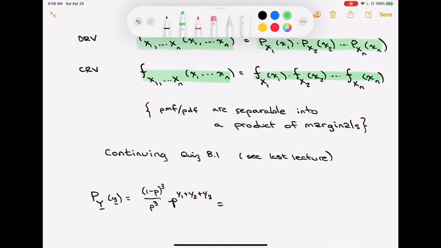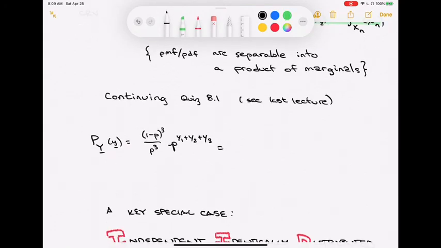If we continue the quiz that we had last time, so we were working with quiz 8.1, and we had derived or figured out the probability of this derived random vector y, and we went through some math on that, and we found that the probability mass function of that derived random vector y was (1 minus p) cubed over p cubed times p raised to the y1 plus y2 plus y3.